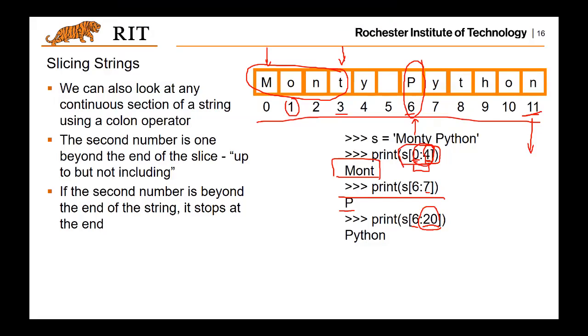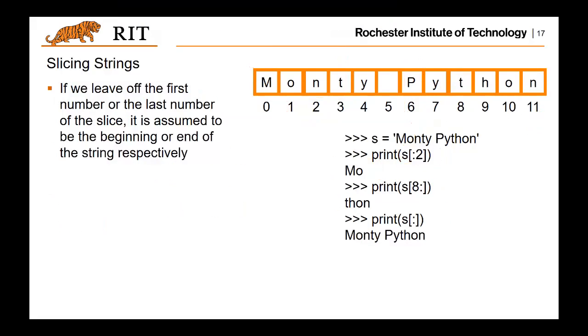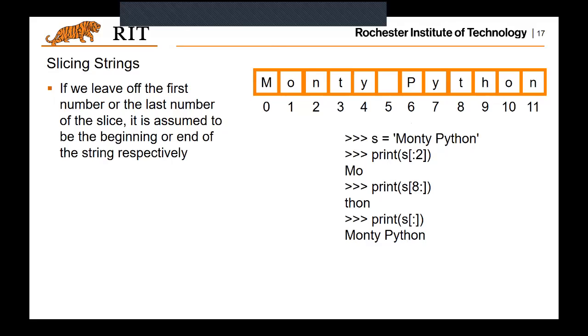Also, we could have some other operations with this kind of mechanism. For example, this time we do not put the first number here, but put 2 here. What does this mean? You want to start with the beginning of the string, because if we do not put anything here, by default we start with the beginning of the string, which is 0.